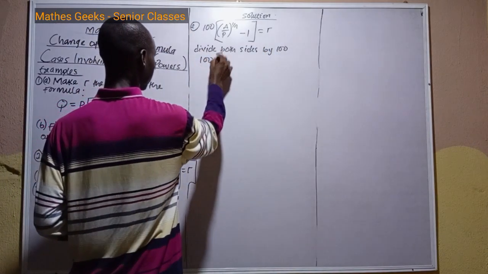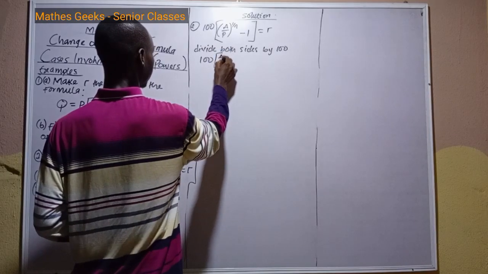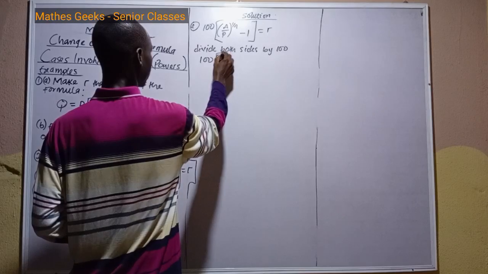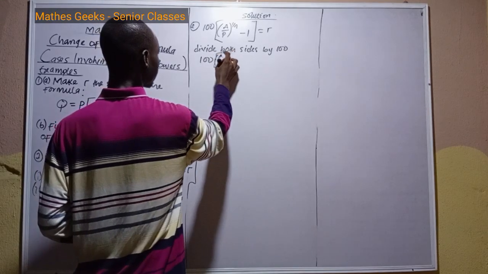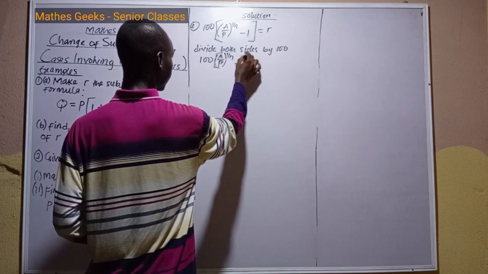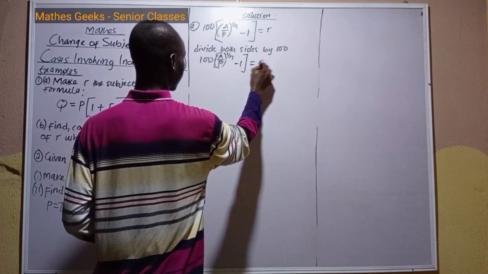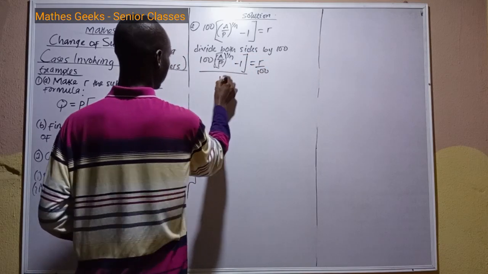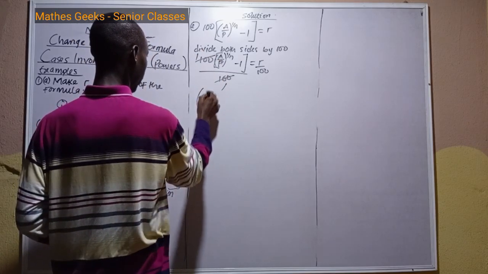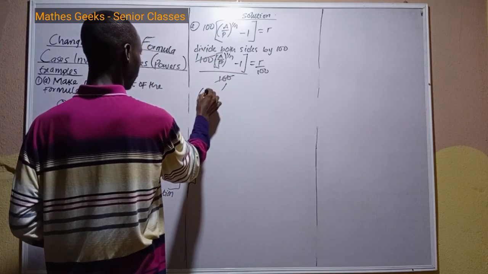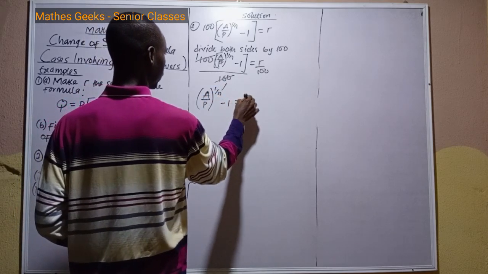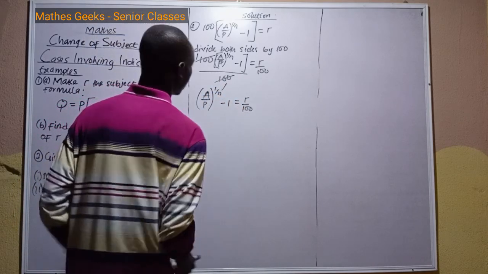So 100 times e over p to the power of 1 over n minus 1, over 100, equals r over 100. The 100 here cancels the 100. So e over p to the power of 1 over n minus 1 equals r over 100.